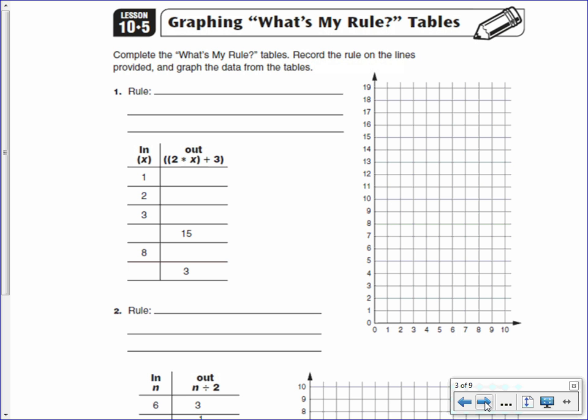So what am I doing each time to my x value to get my answer? Mason, what do you think? You are multiplying by 2, and then add 3.